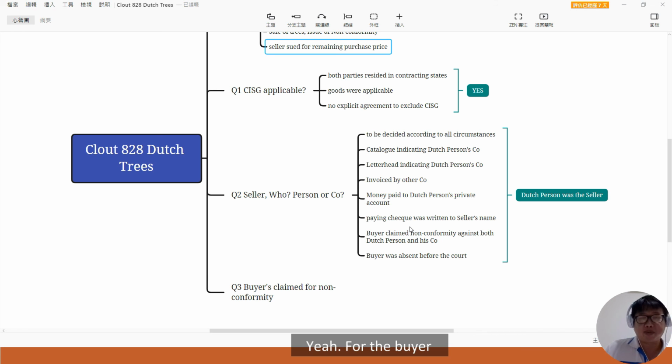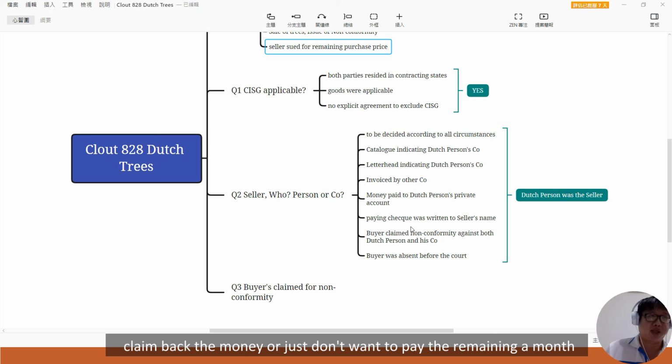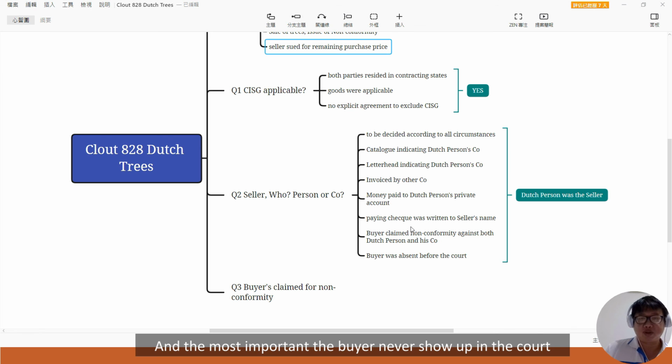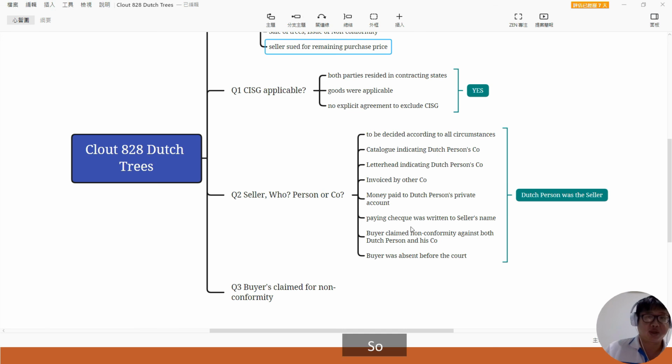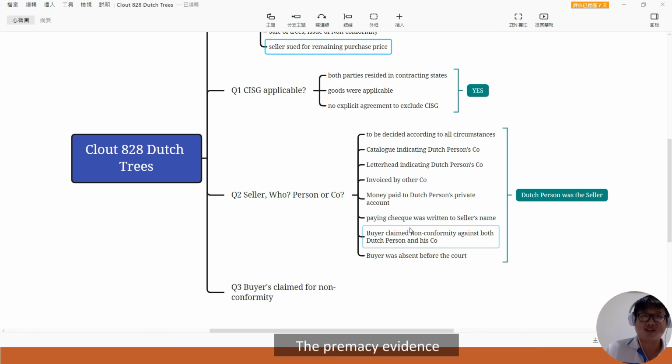For the buyer, it makes no difference whether it is the company or the Dutch person; he just wants to claim back the money or not pay the remaining amount. Most importantly, the buyer never showed up in court, so the court had to decide the case only on prima facie evidence.